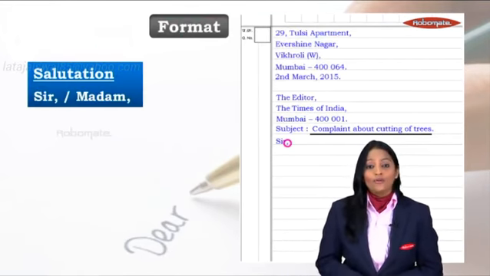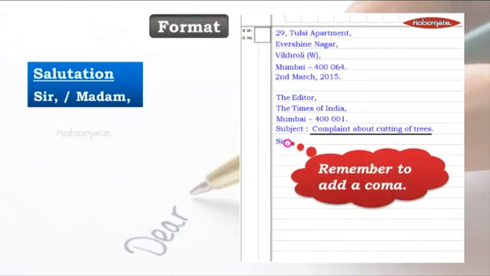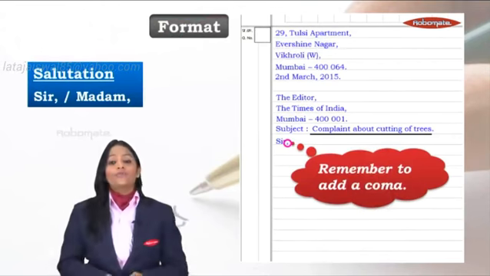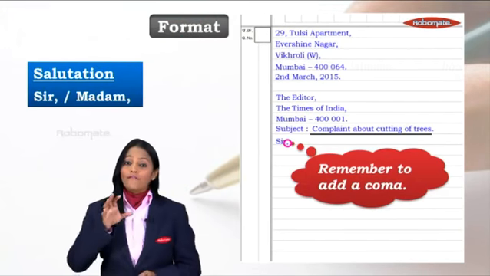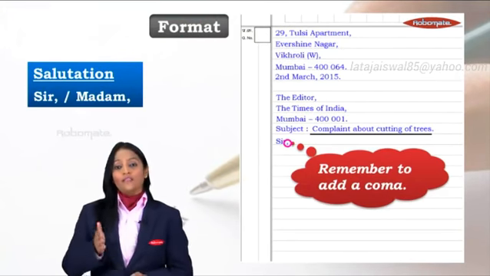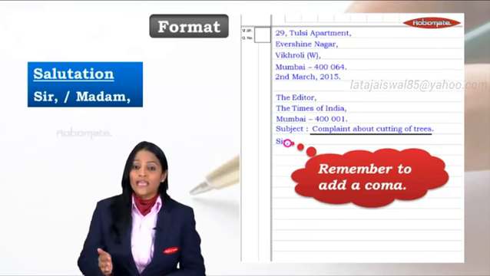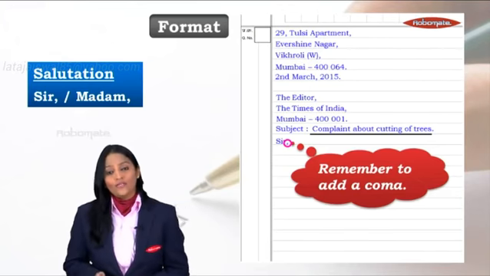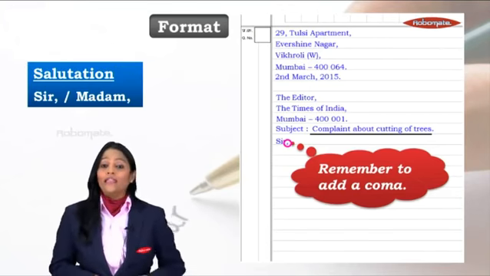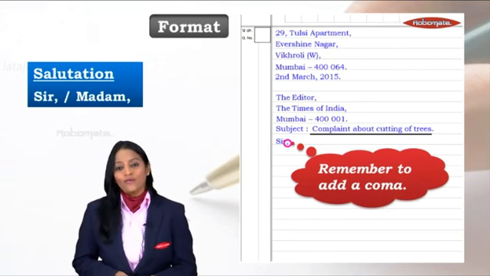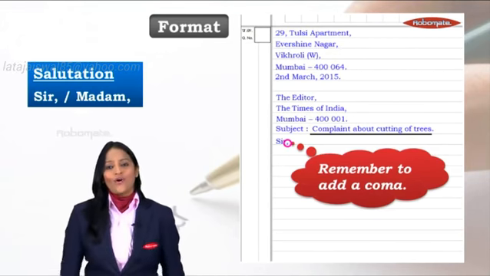And of course, don't forget the comma. Add the comma after that. Okay? Now, students, so that is the first part of the format. We have seen the from address, the to address, the date, the subject, the salutation. And now, in the next module, we shall be doing the main content of the letter.